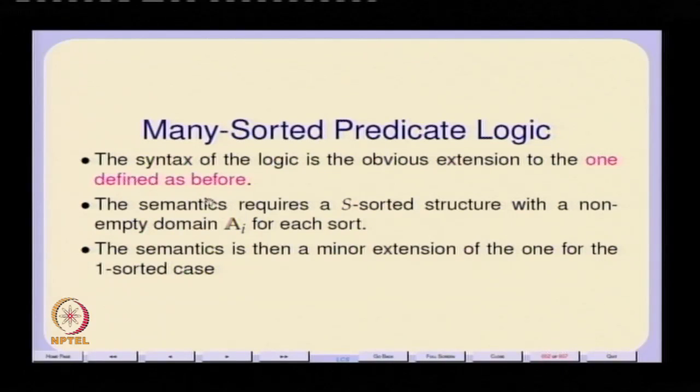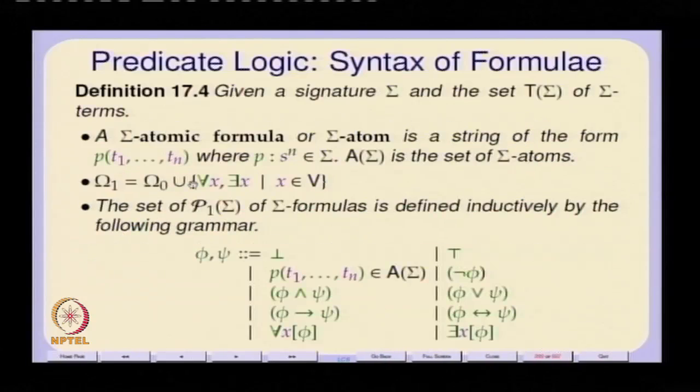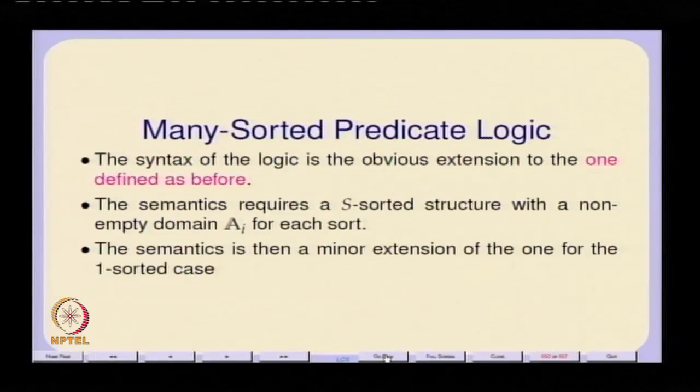So, then a many sorted predicate logic has a syntax of the logic which is exactly as before, and which we have seen before, and so I will not go into it. The semantics now requires an S sorted signature with a non-empty domain Ai for each sort Si, right.